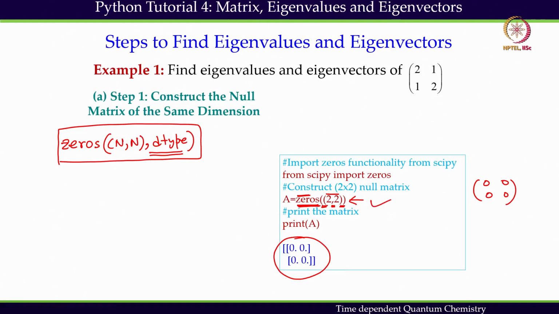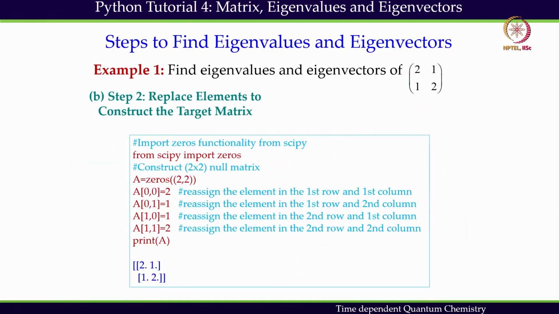Next, according to the steps we have given, once we have created the null matrix of the same dimension as the matrix we would like to first represent and then find the eigenvalues and eigenvectors of, the next step would be to replace the elements to construct the target matrix. So we have constructed the null matrix first, and then we have to replace its elements.